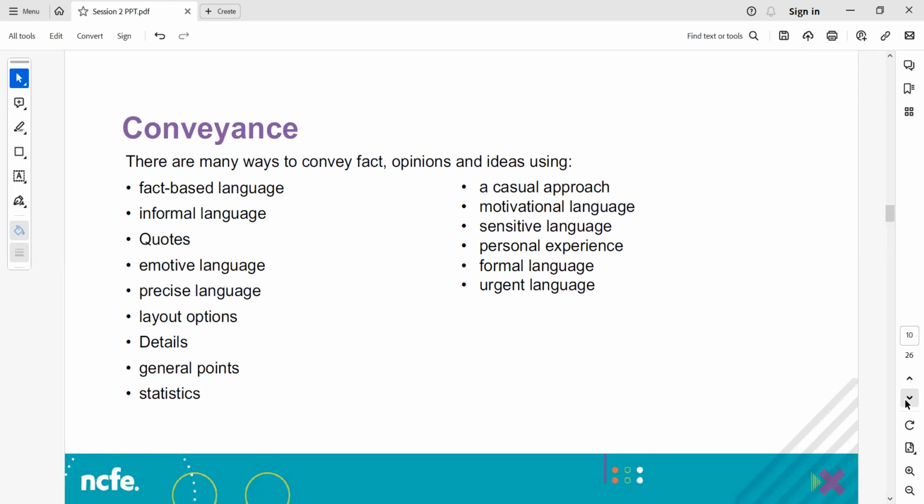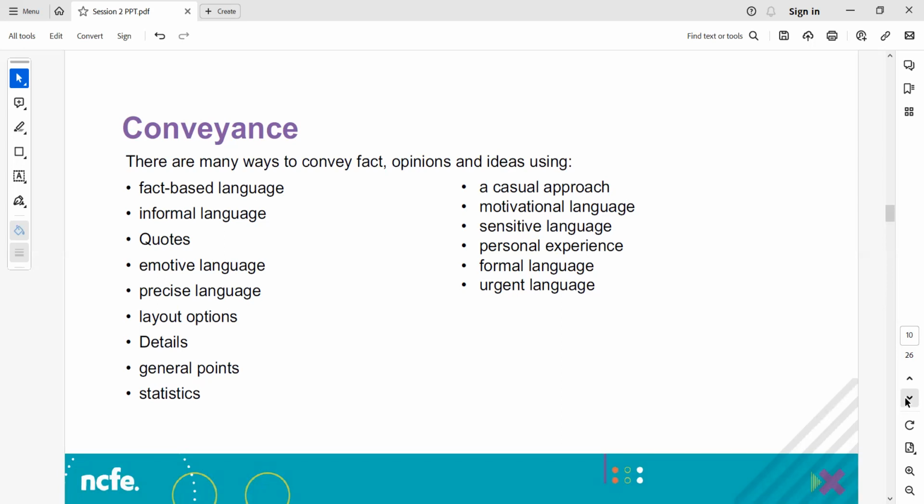Urgent language, so sentences such as time is running out, we all need to act now. So looking at those, we can see there's so many different ways that a message can be conveyed, and you can refer to some of that in your answer.